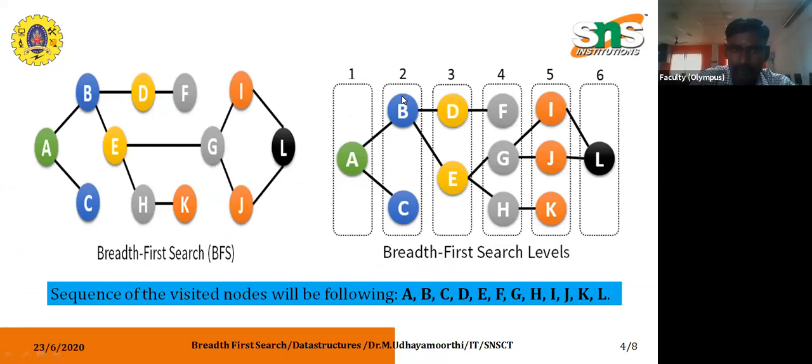So let us consider this graph which is shown on the screen. For this graph, there are some different nodes which are available in the graph. How the breadth first traversal is happening: listen, here the search is happening in this order. First A is to be marked.